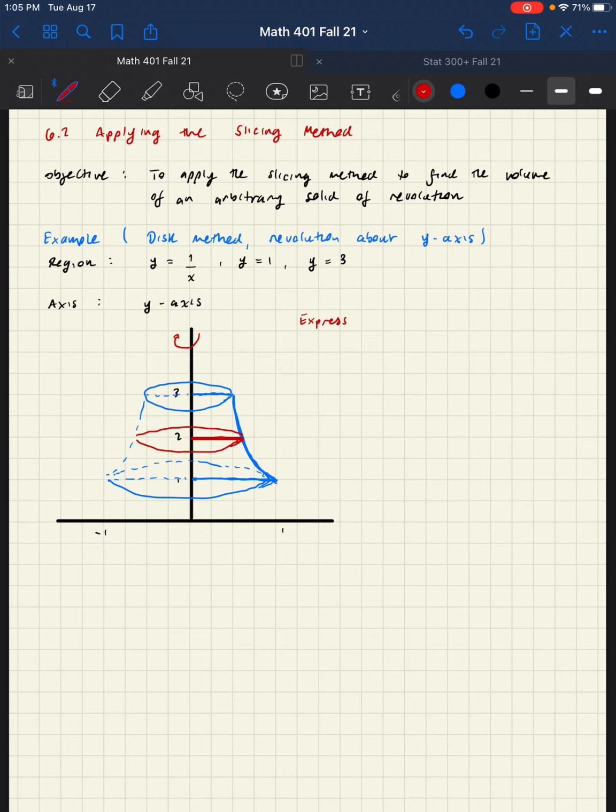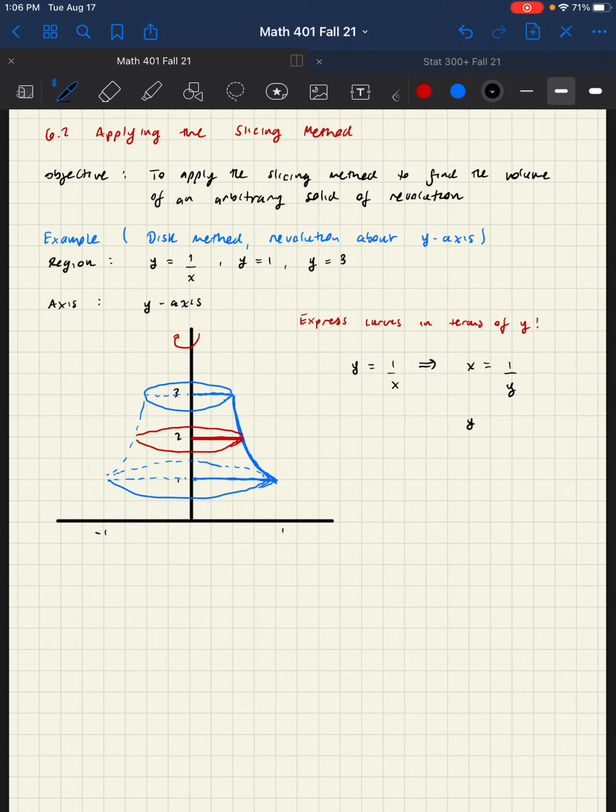Which means that we're going to need to express everything in terms of y. So y equals 1 over x, we'll convert that into x equals 1 over y, which is not that bad.